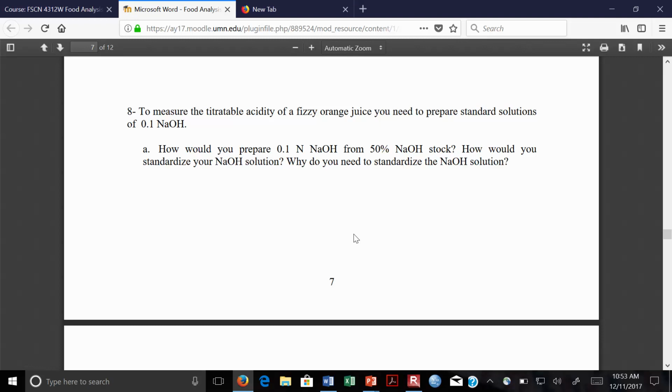In order to determine the normality of the starting NaOH stock, you multiply 50% weight by volume, or divide it by the molecular weight, using this calculation to determine the moles per liter. And that's your normality because it is not like one of those where it has multiple equivalents.